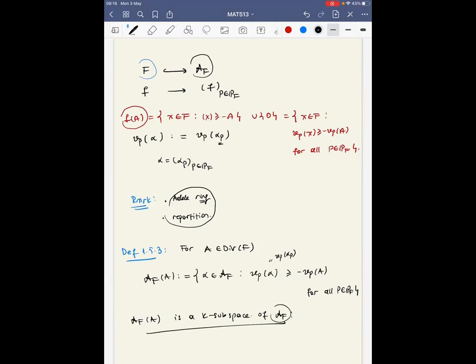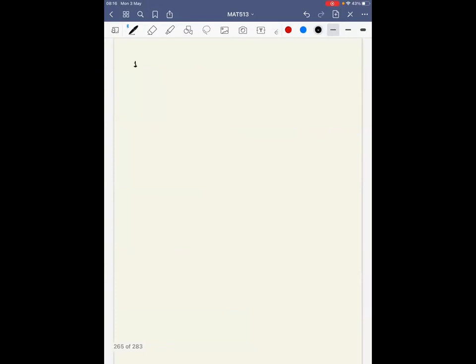And in order to see the vector space structure, let me consider a non-zero constant C and an adele alpha, so that means Vp of alpha P is bigger than or equal to Vp of A for all places P.